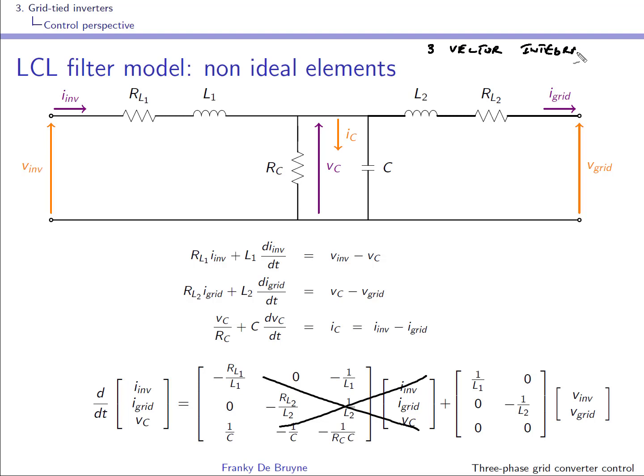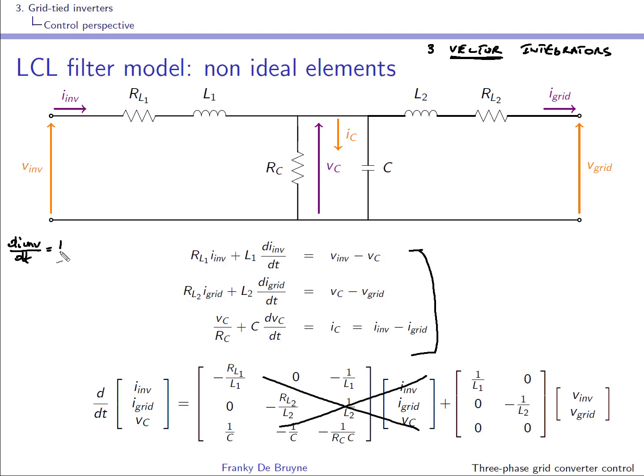So that will allow you to construct a very compact model, okay, using these three differential equations. Okay, I'm going to illustrate that. So this equation you can rewrite as follows.